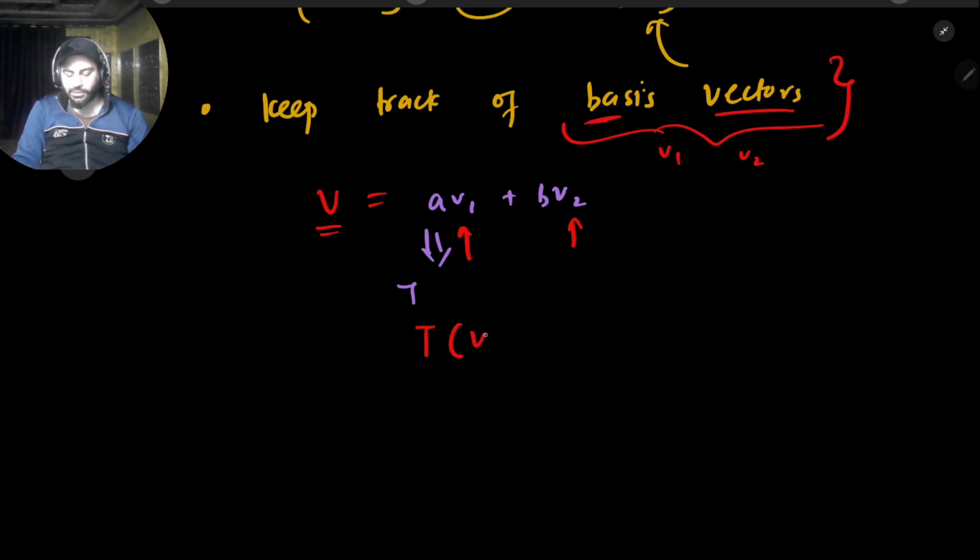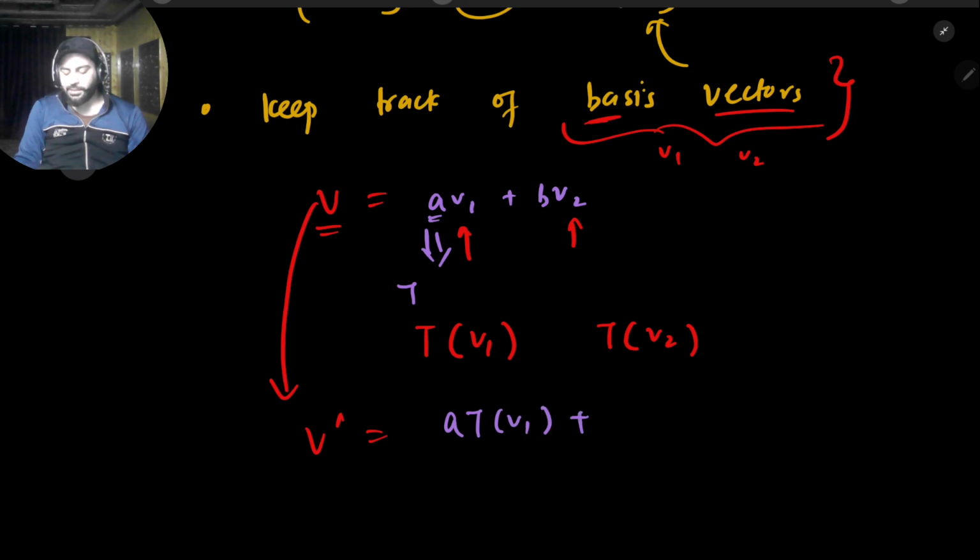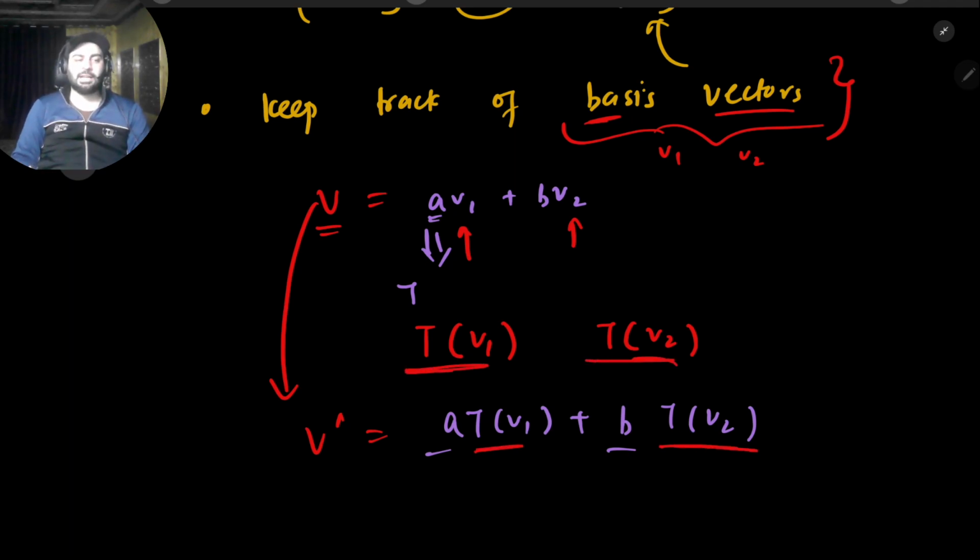Let's suppose they went to Tv1 and Tv2. Then I know that this vector v will get transformed to some v dash, and the answer will be a times the transformed v1 plus b times the transformed v2. The coefficients won't change. I need to just keep track of these basis vectors. Is the transformation clear? Now I will capture this transformation mathematically. Is it clear so far?